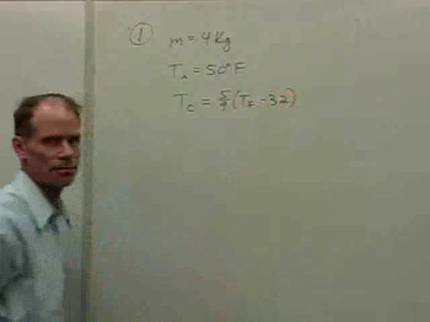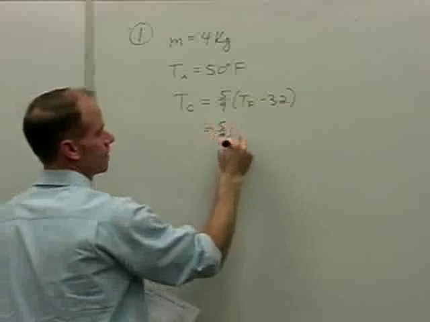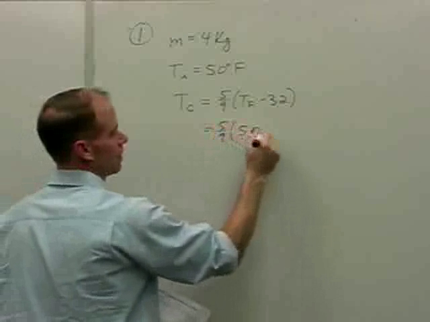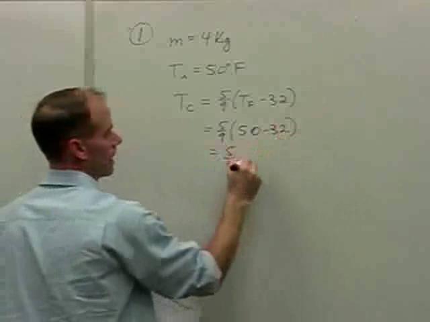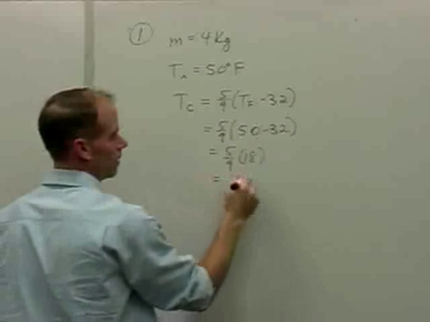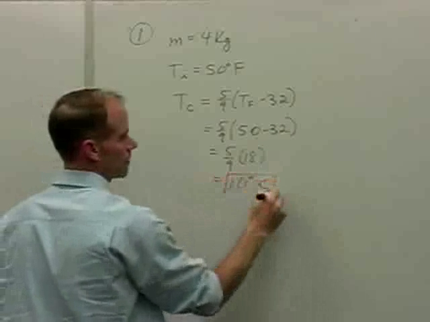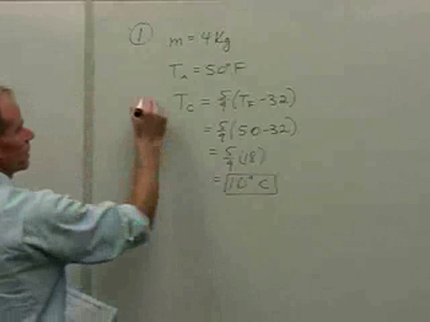From the previous chapter, we have 5/9 times 50 minus 32, 5/9 times 18, which would be 5 times 2 or 10 degrees Celsius. So that'll be our initial temperature actually.